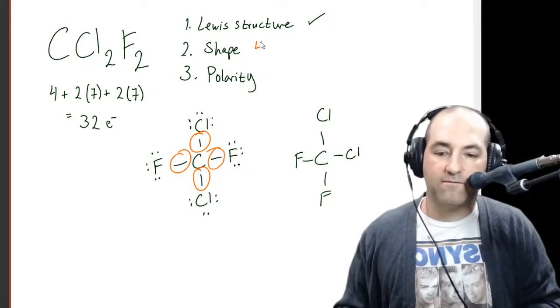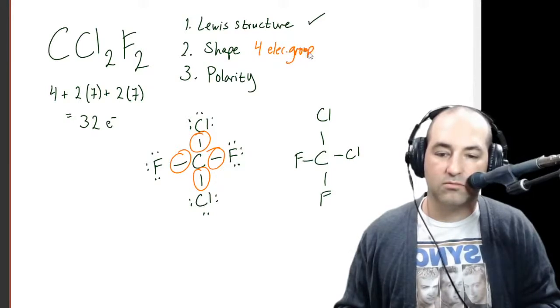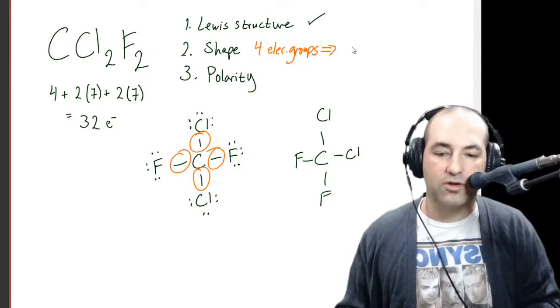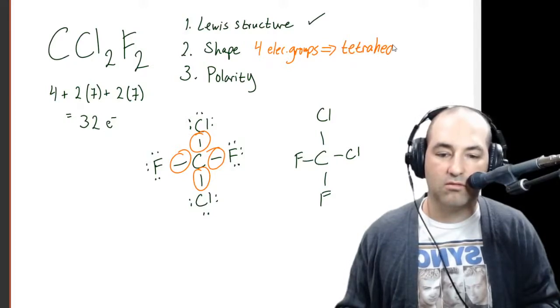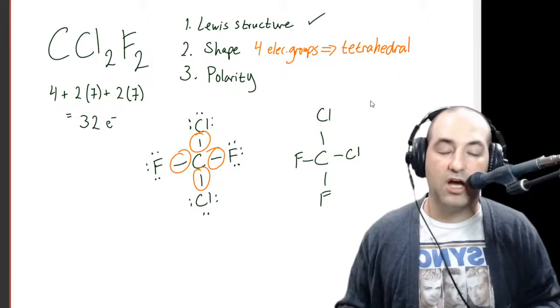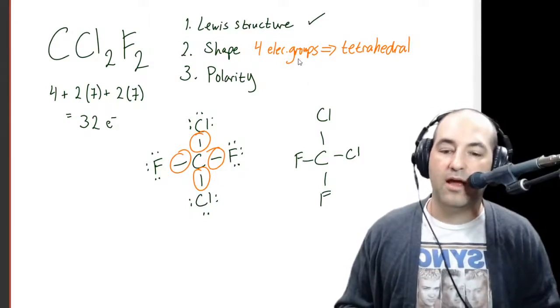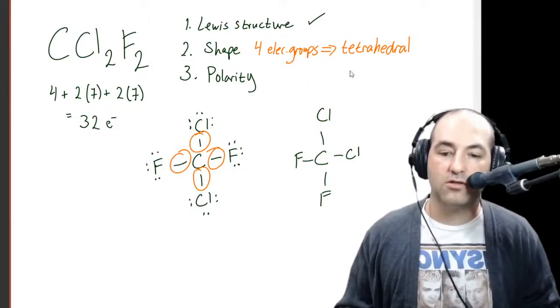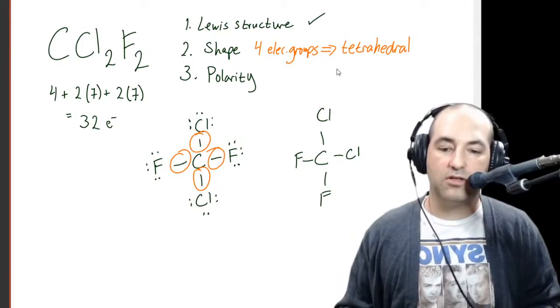And so 4 electron groups means that our geometry is tetrahedral, and there are no lone pairs, so the shape is also called tetrahedral.